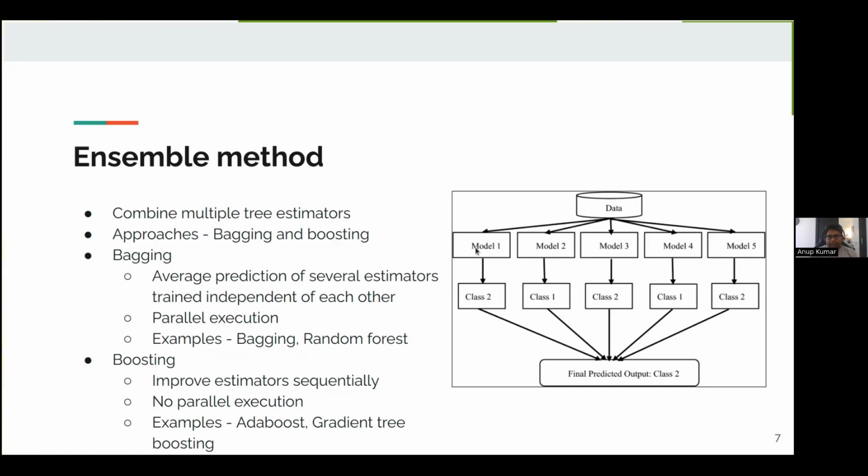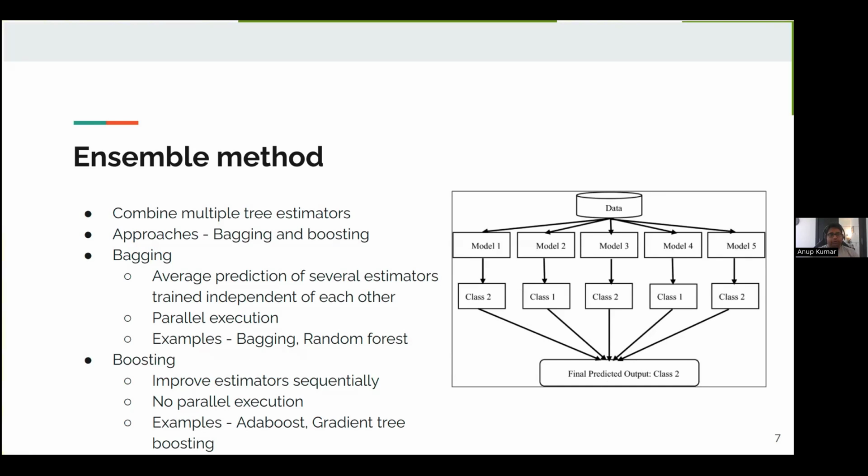For example, here we can see that there are 5 different estimators, and each produces a class, class 2 or class 1, for a classification task containing 2 classes. Then we see that a majority, 3 of 5 models, say that a particular example is class 2, so the final predicted output becomes class 2. Examples of ensemble methods are the bagging classifier or regressor, or random forest, which you might be familiar with.